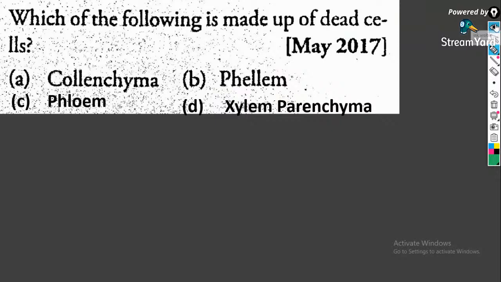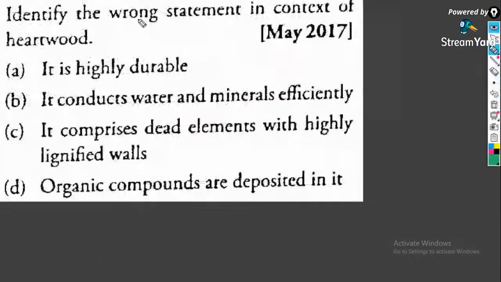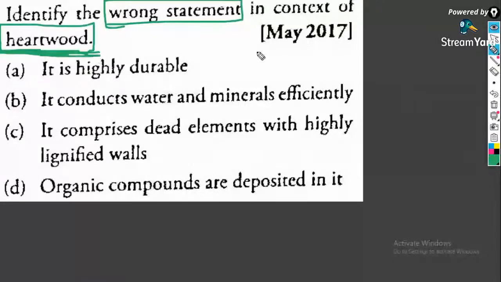Next one. Identify the wrong statement in context of heartwood. You learned about sapwood, hardwood, autumn wood, right? So identify the wrong statement in context of the hardwood.